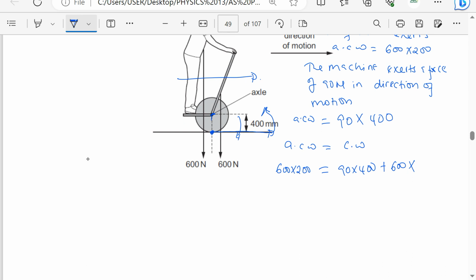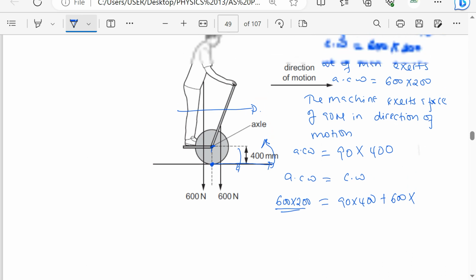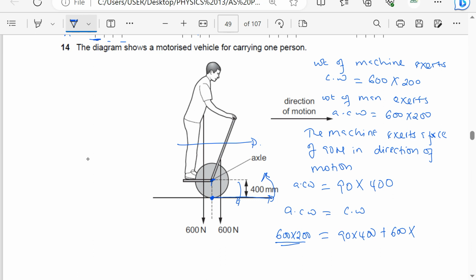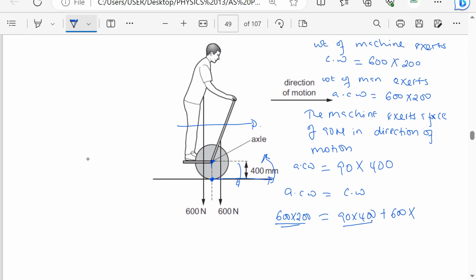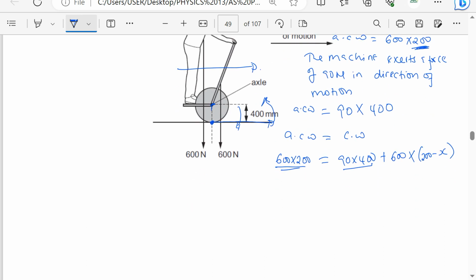Let me consider this to be for the machine, which is 600 times 200. And this is for the motor, plus now this is going to be the man. If he doesn't move his center of mass, it is supposed to be at 200. If he moves his center of mass, then it should be at 200 minus a distance x. So I'm going to find x.